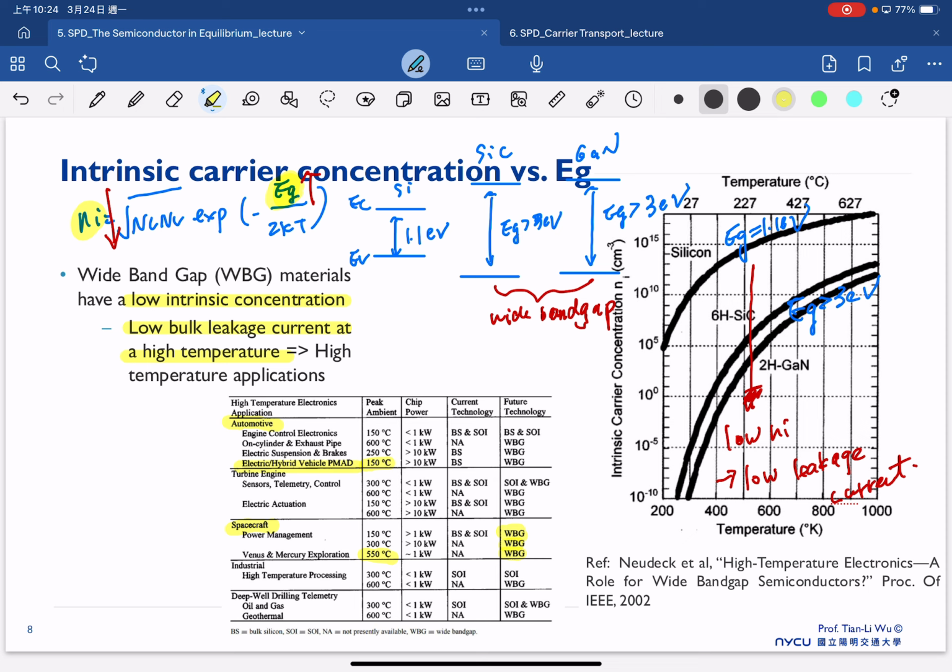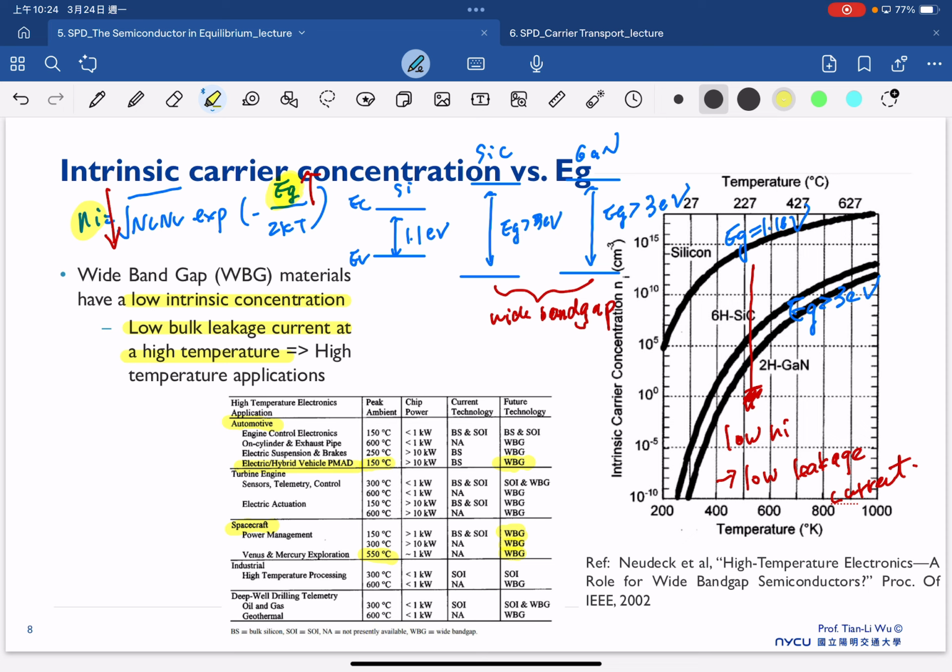So this is an application that needs to sustain high temperature, but it is pretty close to our life. In this case, we also need to consider wide bandgap semiconductor technology here.